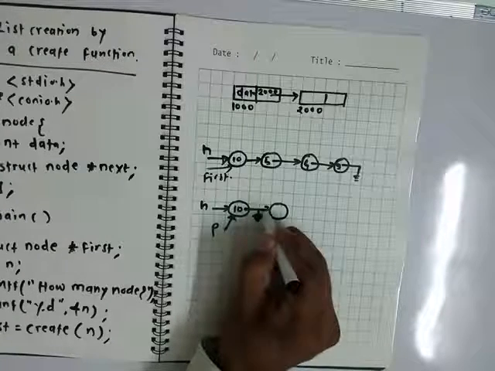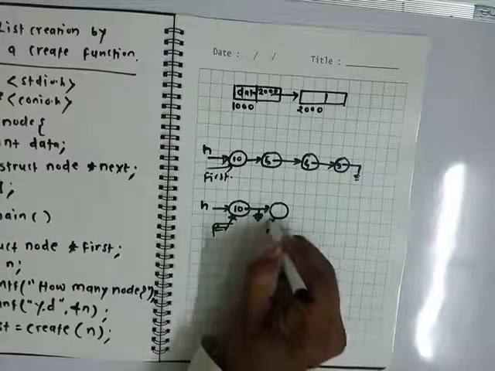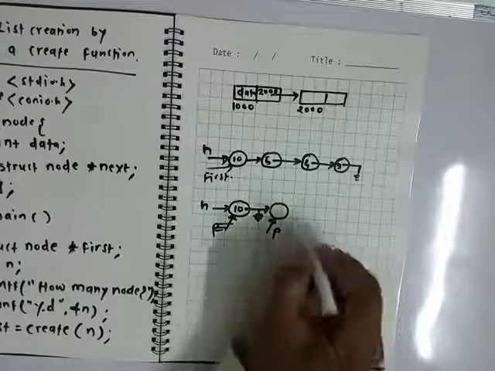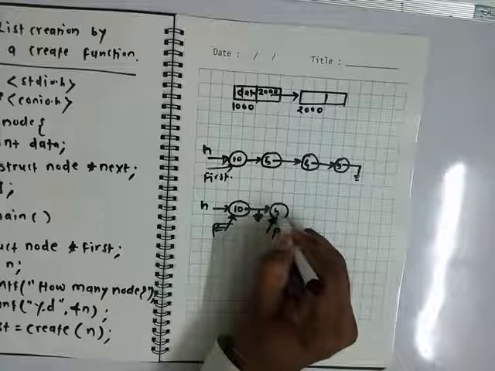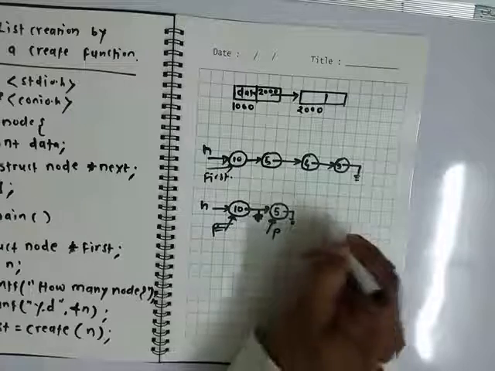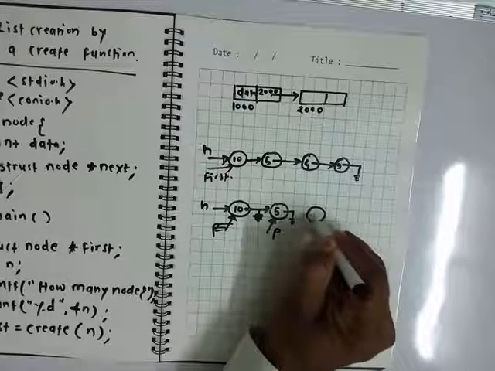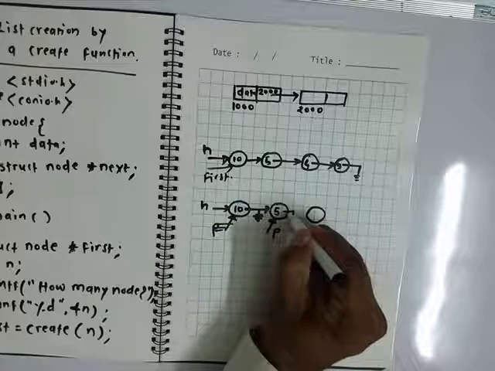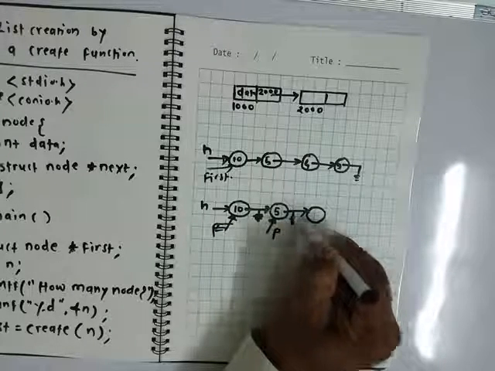So this pointer will point to the new node. Then I'll move my p to this location, right? Then I'll read the data at this node. If the data is 5, I'll read that and I'll set p next to null. Then again I'll create a new node, or demand memory for a new node, and I'll point to that new node by using this p arrow next pointer, which is currently null.